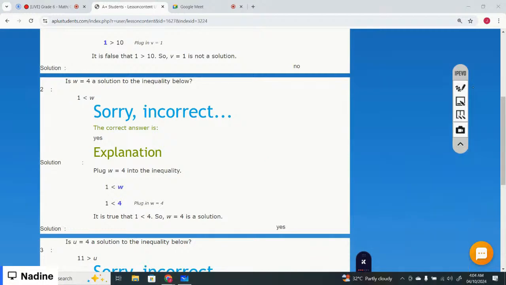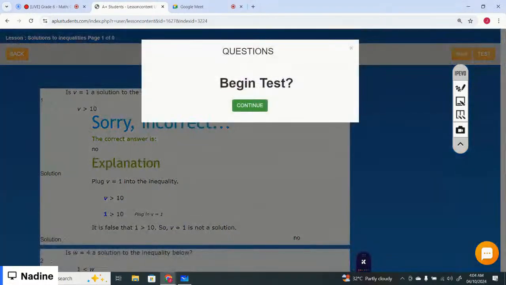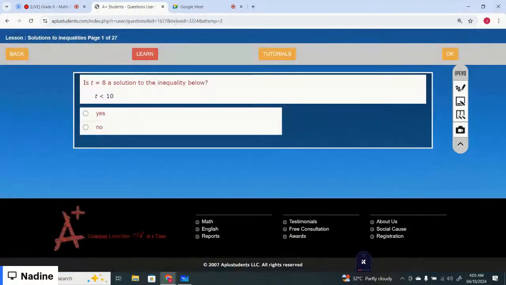Let's start with the test questions. Is t equals 8 a solution to the inequality below? T is less than 10.